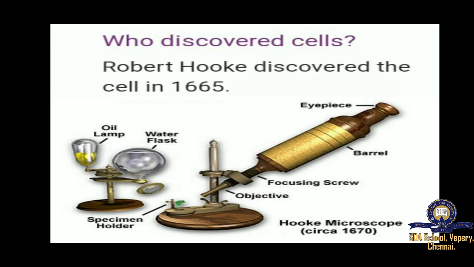Consequently, he named these rooms cells. However, his compound microscope had limited magnification and hence he could not see any detail in the structures. Because of this limitation, Hooke concluded that these were non-living entities.